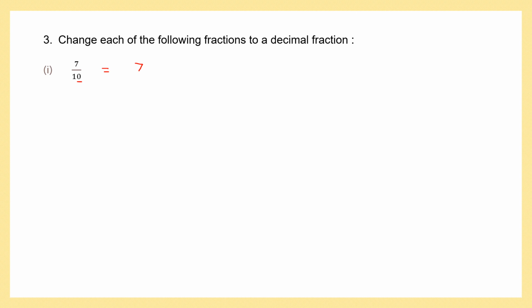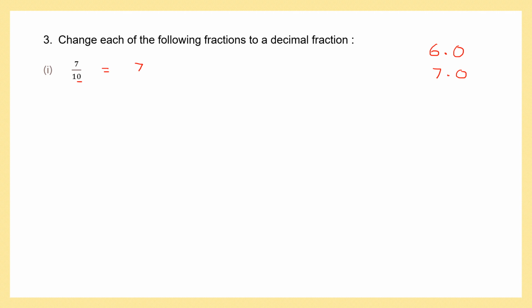So for every whole number, suppose I write a whole number here, 6. It's understood that the decimal point is after the number. So this can be written as 6.0. For a whole number 7, the point is understood to be after 7. So it can be written as 7.0.